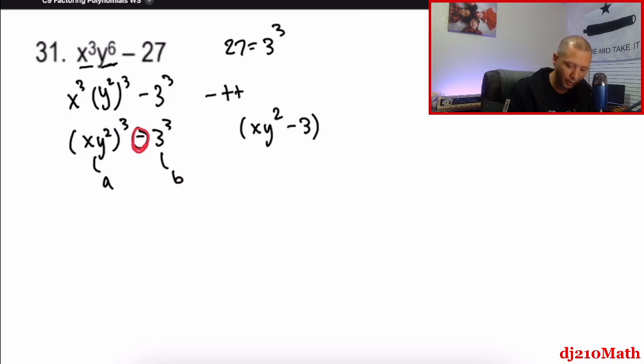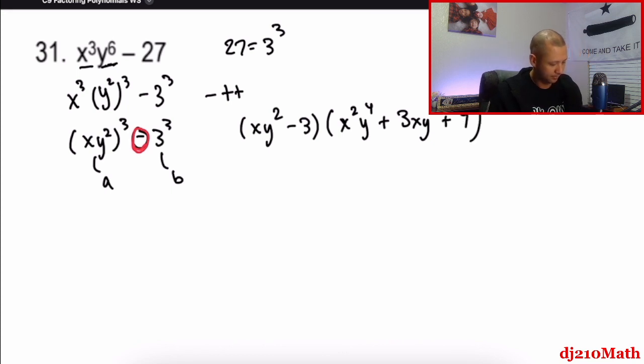That's what I'm doing. So then a squared, so x squared y to the 4th, plus a times b, so 3xy squared, plus 9. Okay, I'm going to leave it at that.